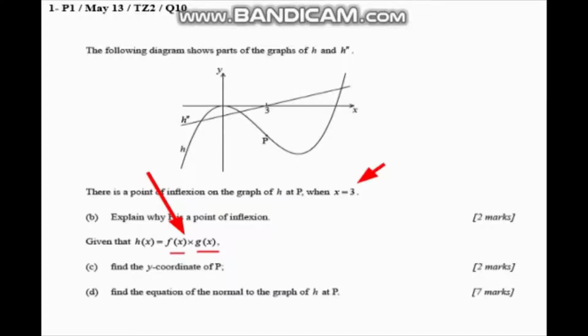And since we want the slope at P, we are talking about all of these functions when x equals 3. So we want to find f of 3, g dash of 3, plus g of 3, f dash of 3. And these are found using the table.